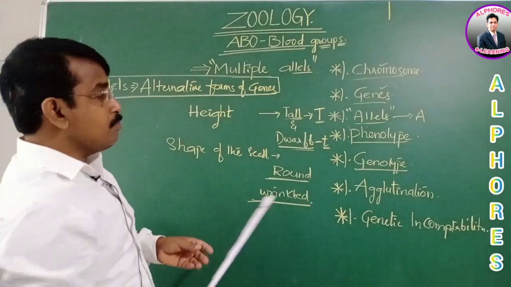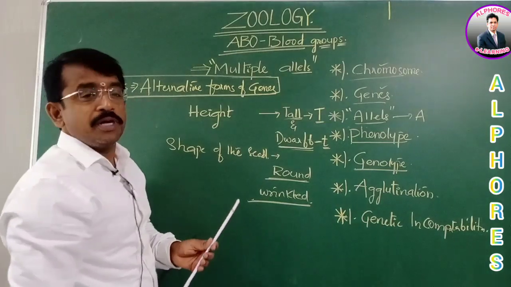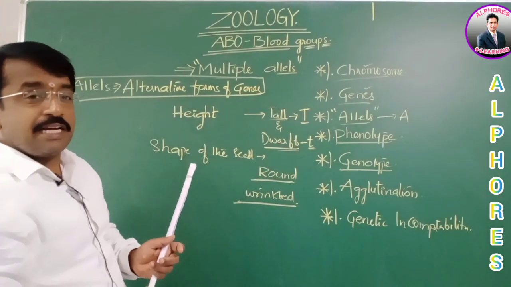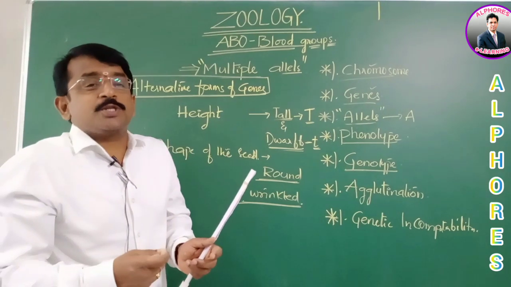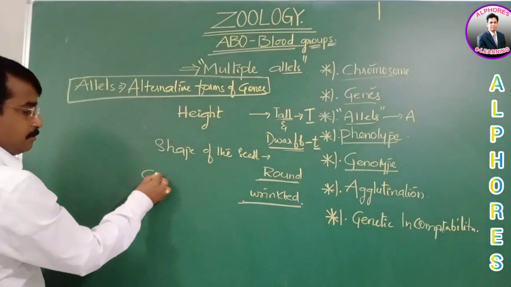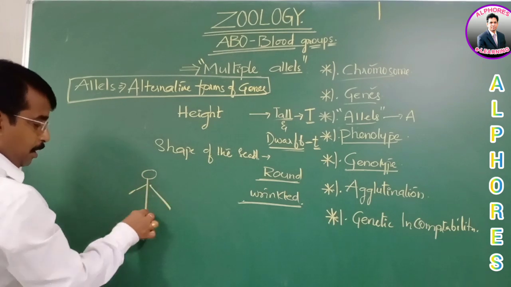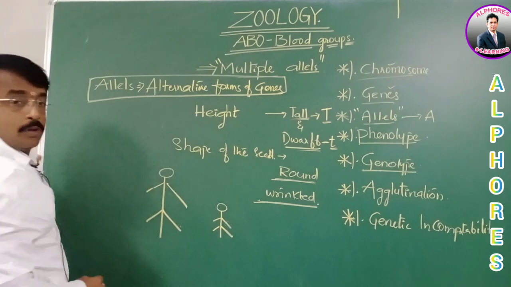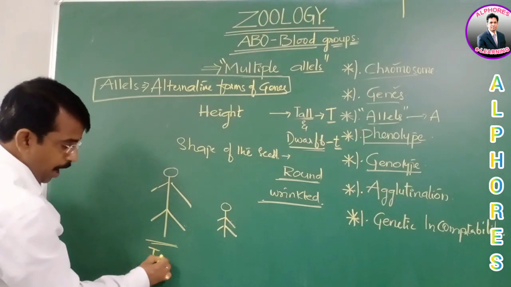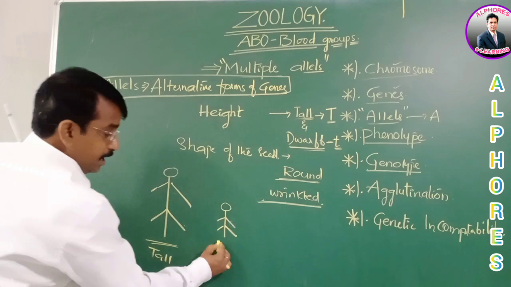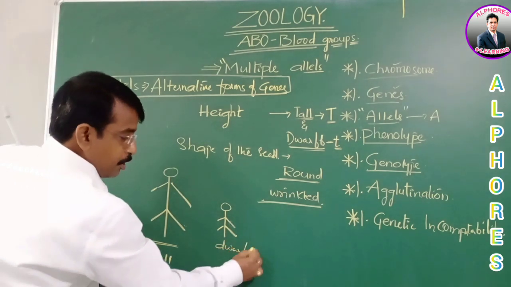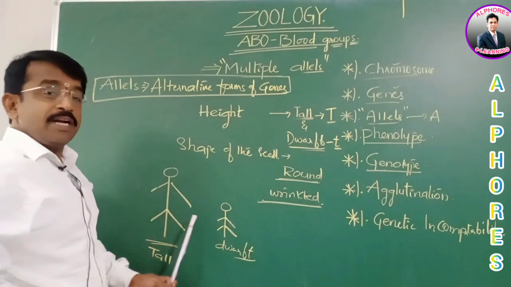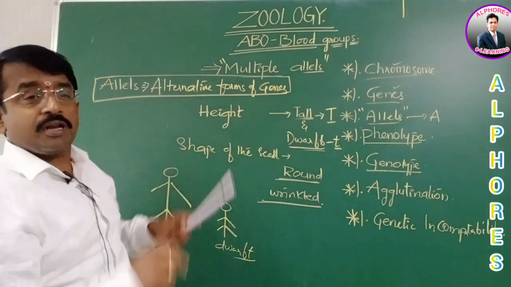Phenotype. One more definition to be discussed is phenotype. Phenotype, in the sense, is when a character is expressed. Look here: this is a tall man, is it right? And this is a dwarf. So how do you say tall and dwarf? By the external appearance.